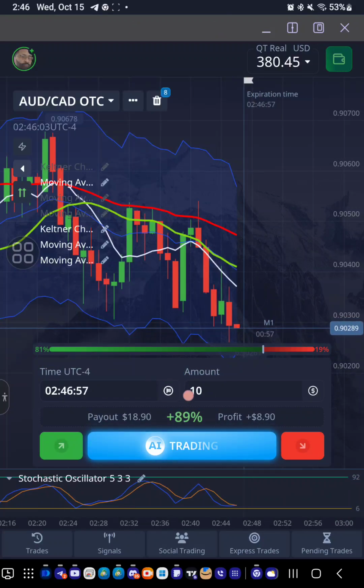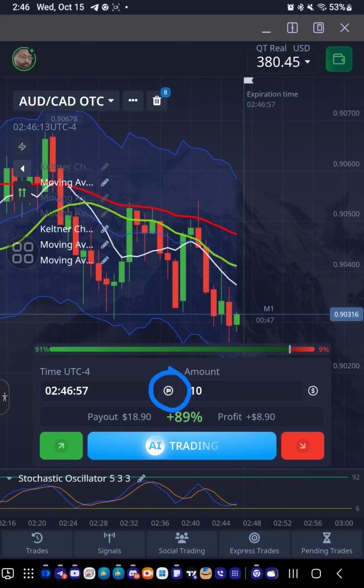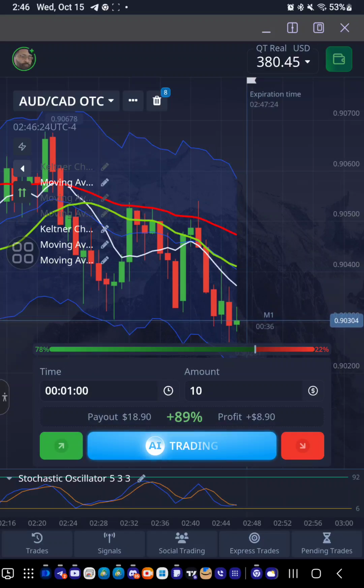Okay, make sure this is not showing a flag, but make sure it's showing the clock. When you click this, make sure it's showing the clock.